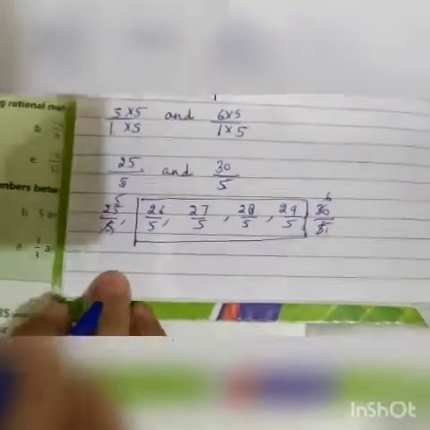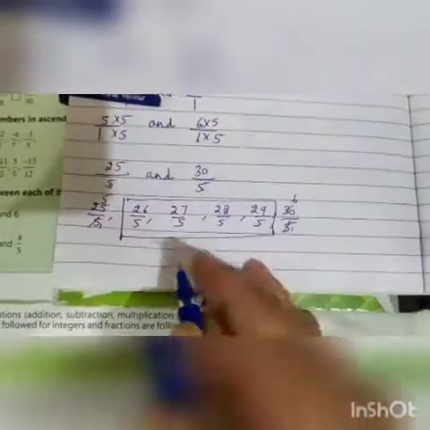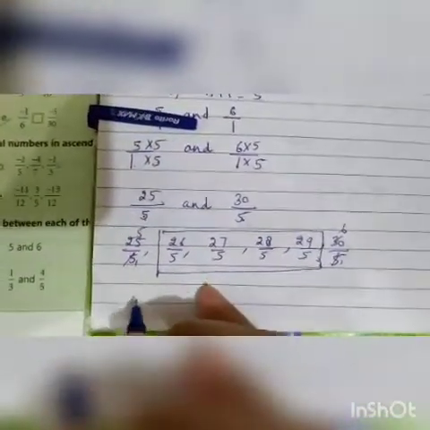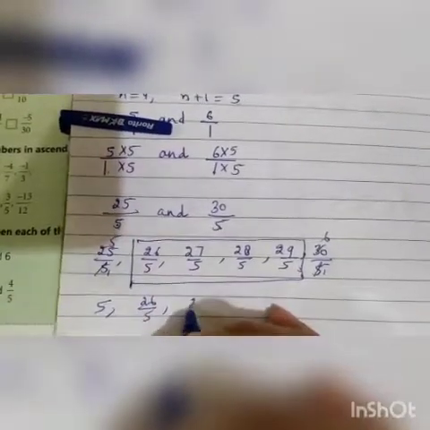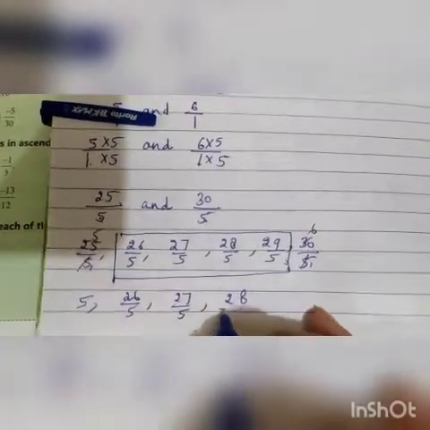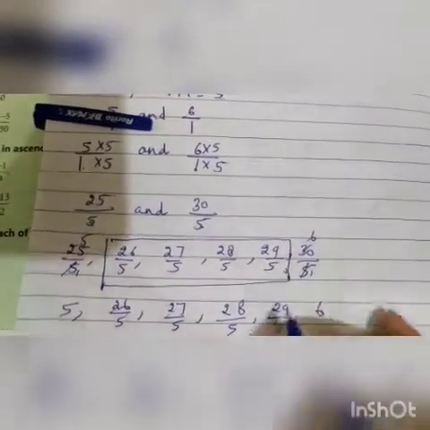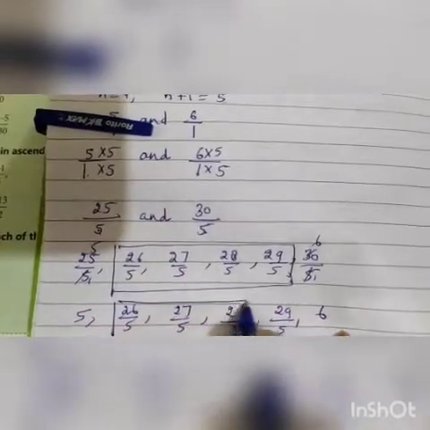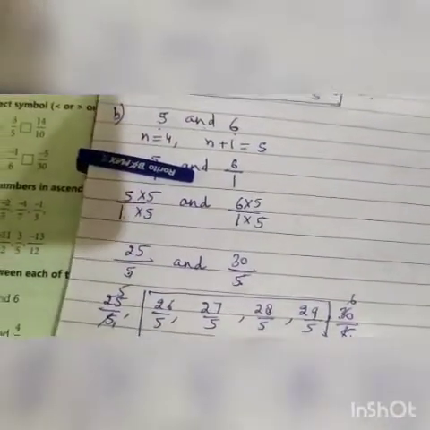So we can write it: 5, then 26 upon 5, 27 upon 5, 28 upon 5, 29 upon 5, and 6. These are the four rational numbers between 5 and 6.